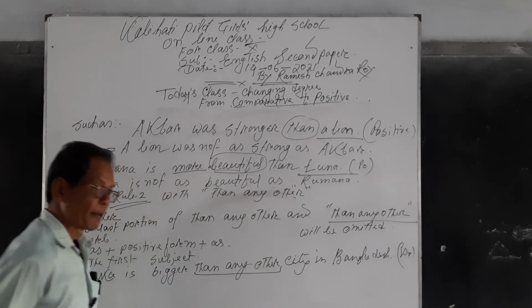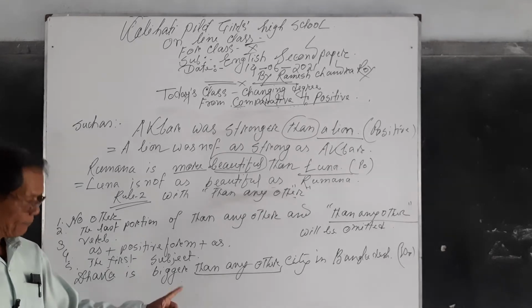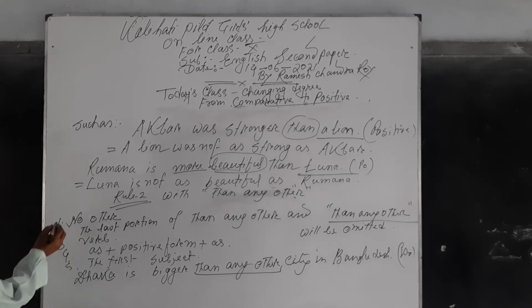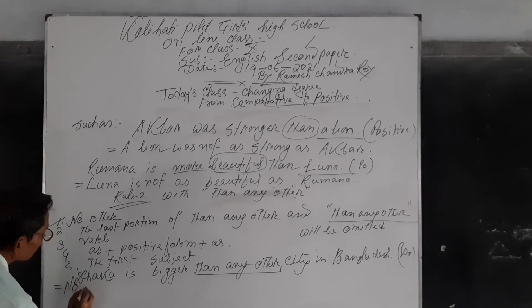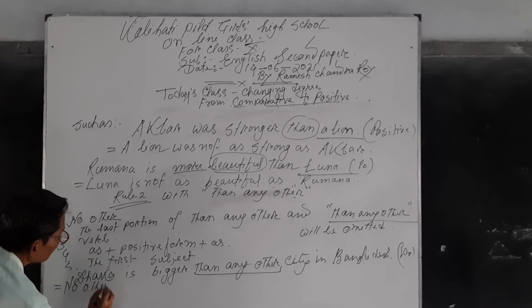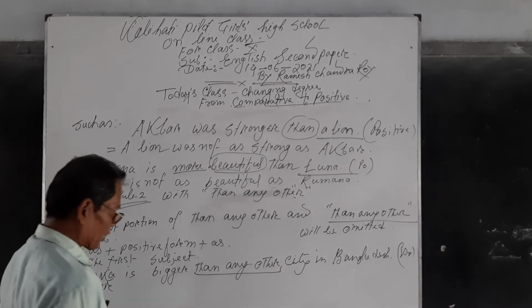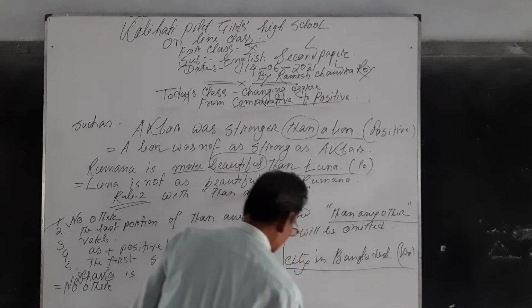But now, if we want to change from comparative to positive, then at first we shall have to take, according to rule number 1, no other, and then the last part of than any other: city in Bangladesh.